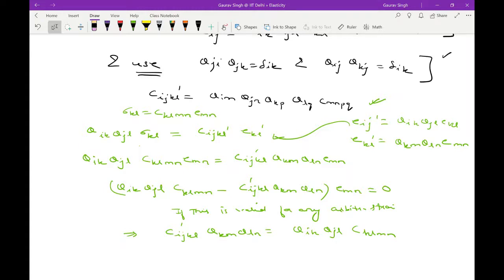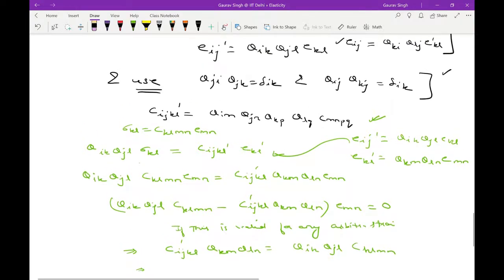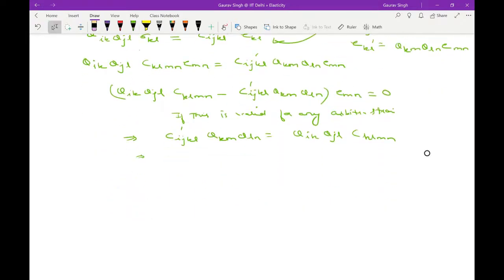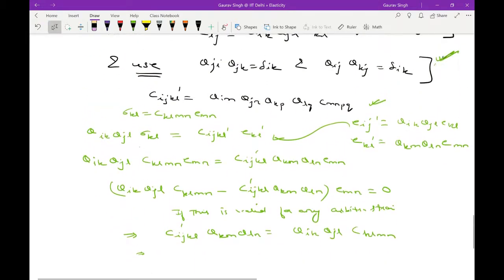Now, what is the way? Obviously, using this, you can take it to the other side. So think about this. I think this is something which you can verify. If you like this, you can proceed in this form. If not, it is a good exercise for you to figure out.